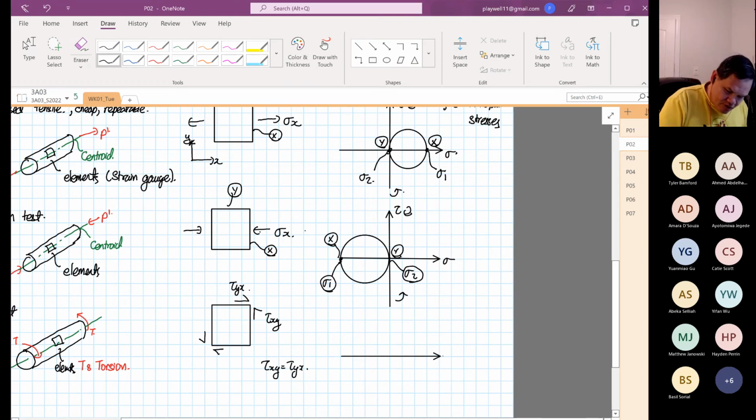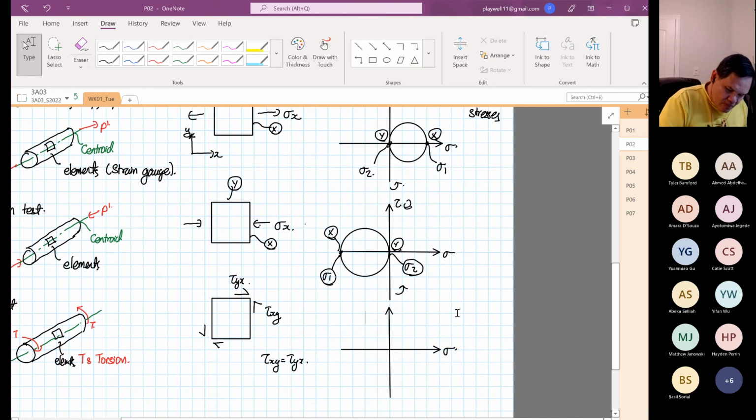So you have normal stress over here, and then you have shearing stress over here. Right, element rotate clockwise, element rotate anti-clockwise.